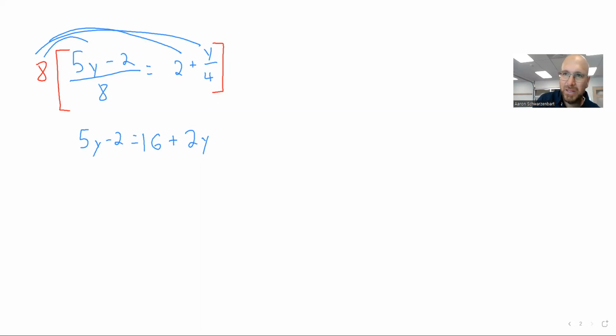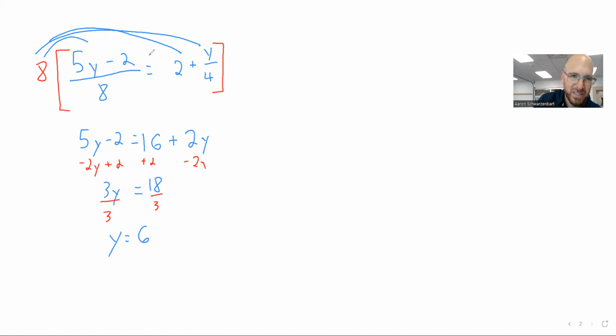Now I will go ahead and gather terms to the same side. I'll subtract 2y from both sides and add 2, giving me 3y on the left and 18 on the right. I'll go ahead and divide by 3 and get y equals 6.